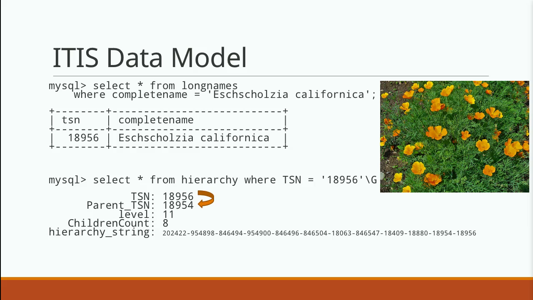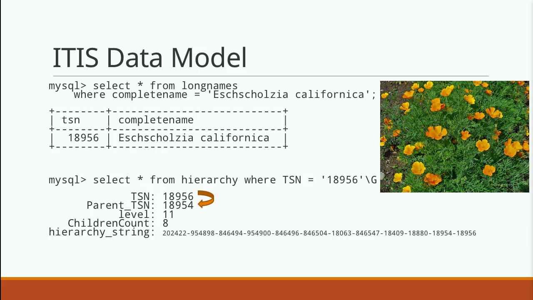That's 11 levels deep in the hierarchy. And it also comes with the path enumeration syntax of the list of all of its ancestors. Basically, its own breadcrumbs is provided in the data. So it's got both the adjacency list format and the path enumeration format in the database that they have.